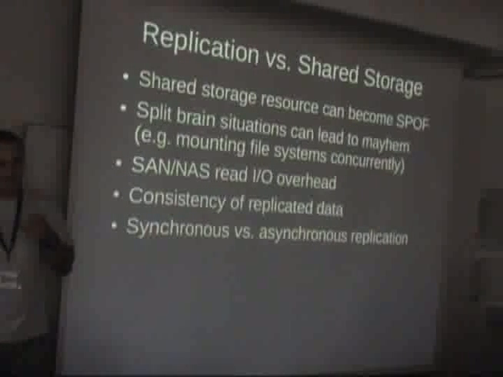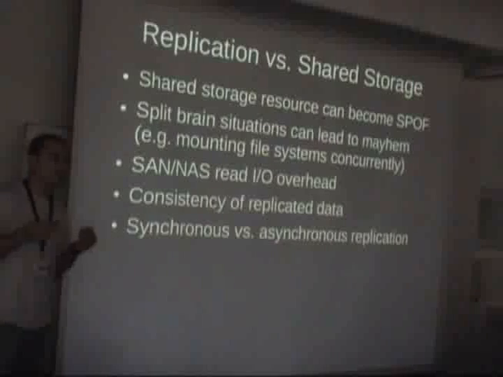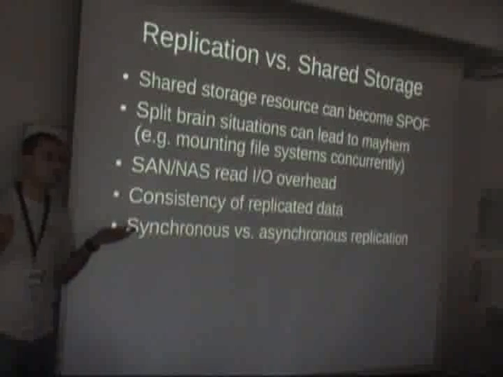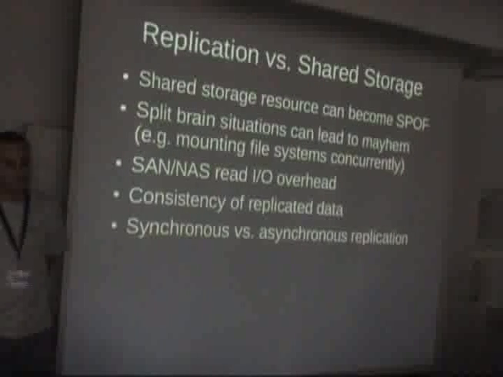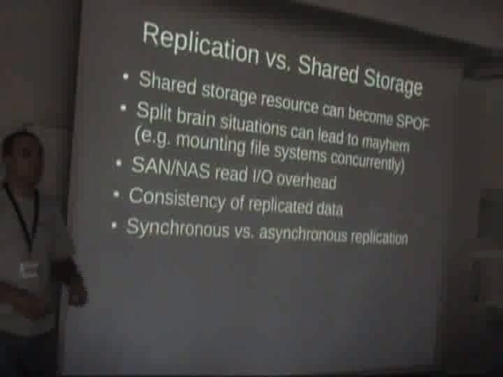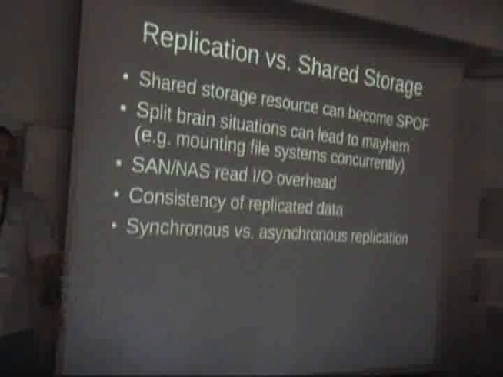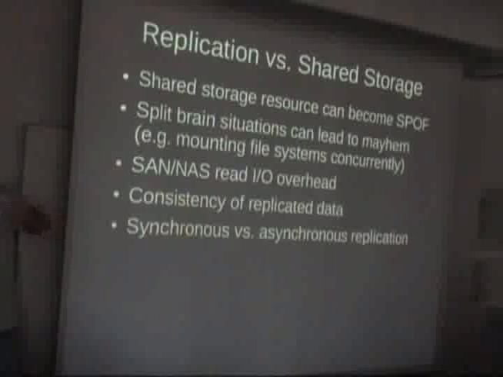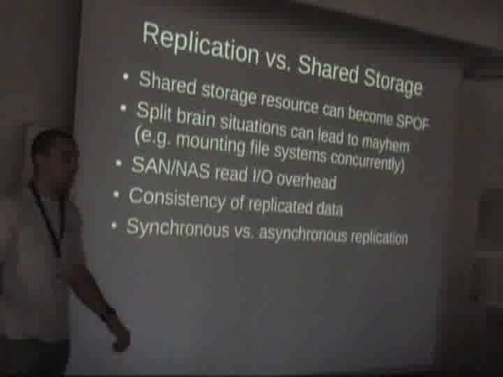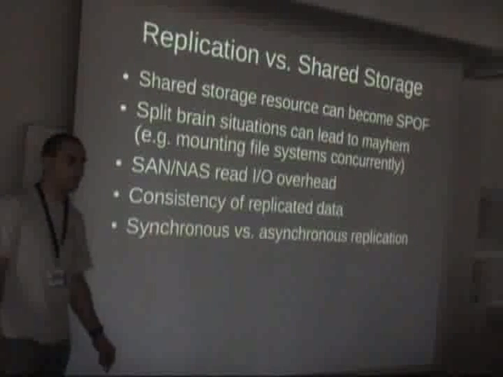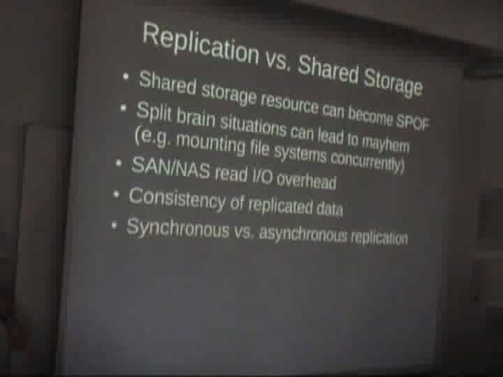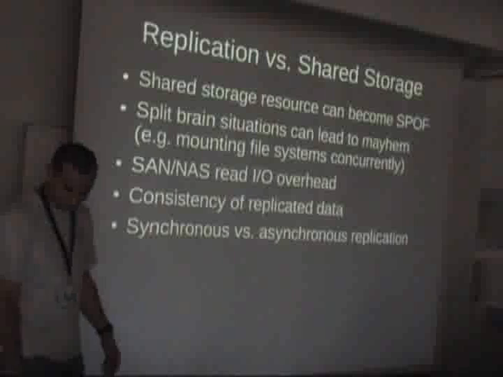If you can live with possibly losing some of your data that has just recently been committed, you can go with asynchronous replication, which means that you distribute and commit your data and don't really care if it's on the other side of the fence at the same time. So you get better throughput and better interaction, but you may lose some of your recent data in case of a failure.